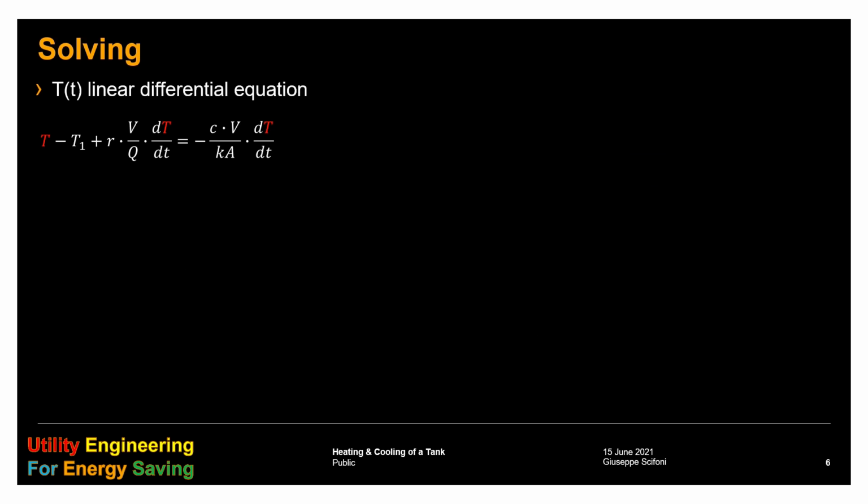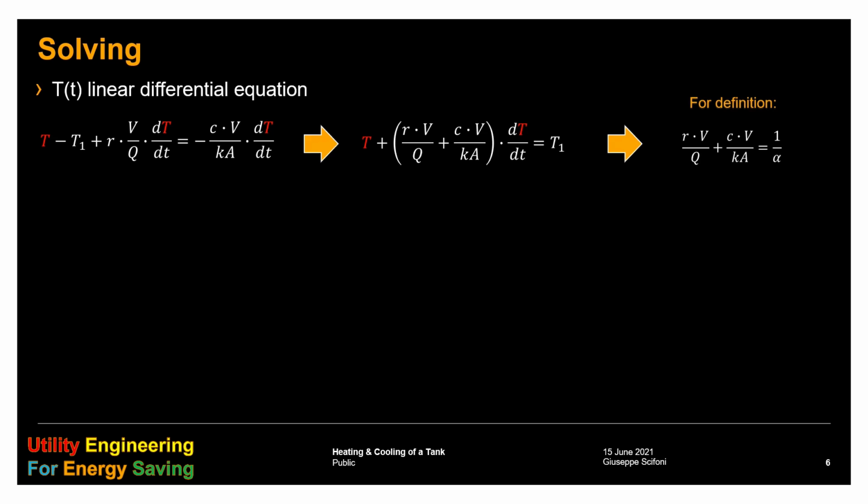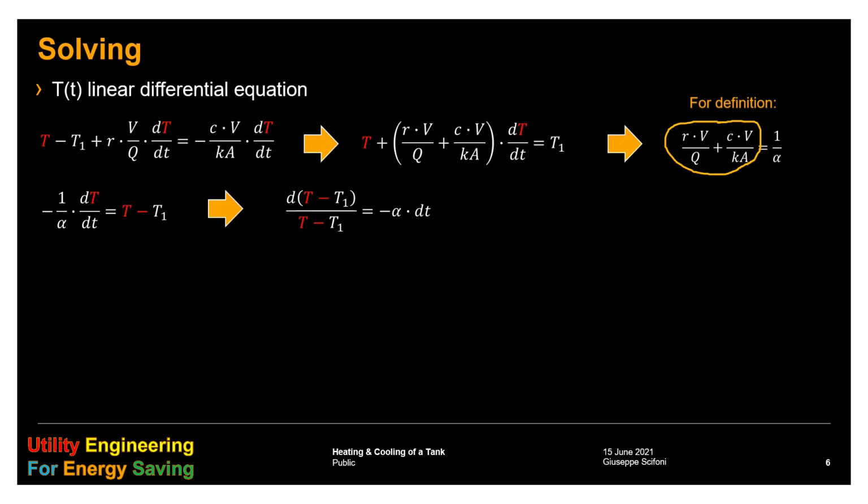First, we bring T on the left side and T1, which is a constant, on the right side. Then we introduce the constant alpha, so defined, and the alpha dimension is time to minus 1. So 1 over alpha is a time. Because T1 is a constant, we may write T1 also within the differential sign, and we bring the difference T minus T1 at the denominator.